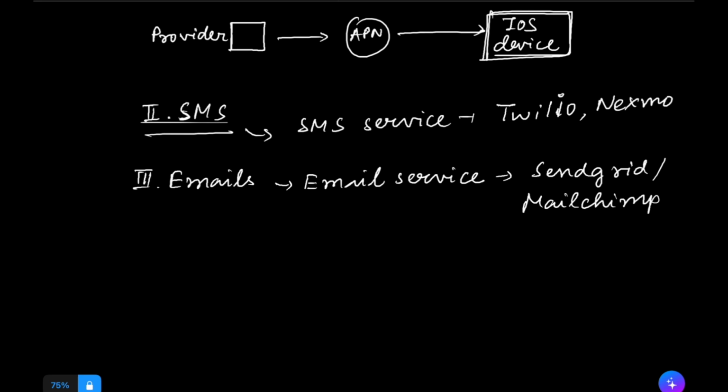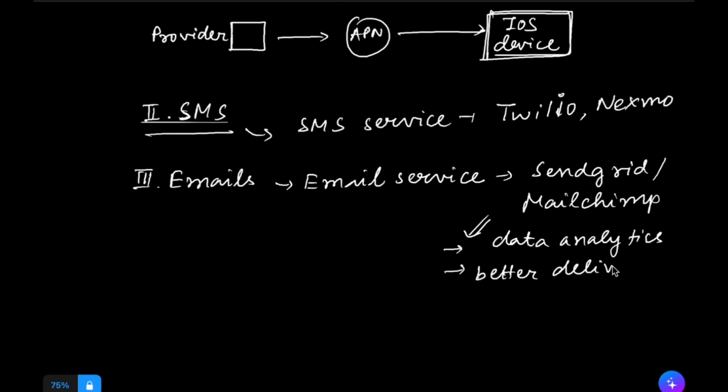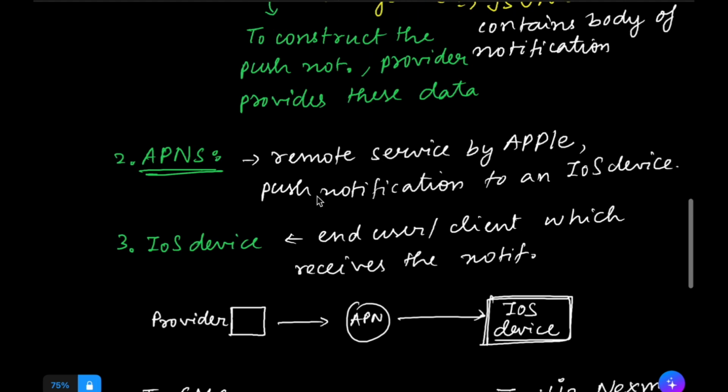Apart from sending notifications, they can be used for data analytics, and they also help in better delivery rate. So this is the first section of the high level design: different types of notification.